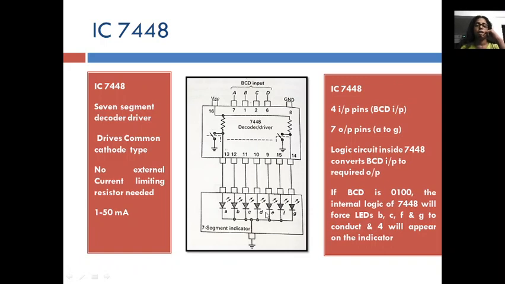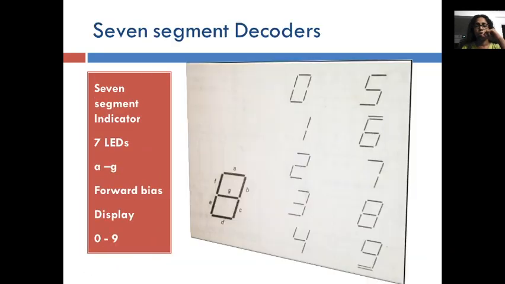Got the point? For example, if the BCD is 0, 1, 0, 0, this is the decoder IC, so it will decode it into a number, it will give the signal about which diodes should be forward biased: B, C, F and G, because 0, 1, 0, 0 means it is displaying 4. Okay, so in order to display 4, which diodes should be in the forward bias condition?